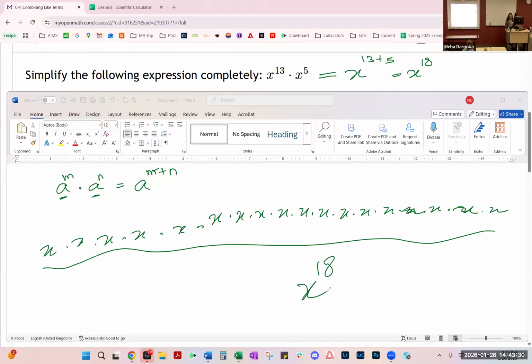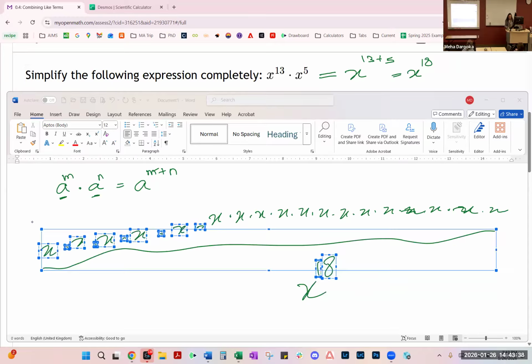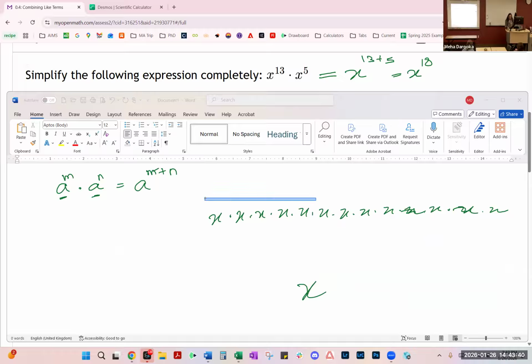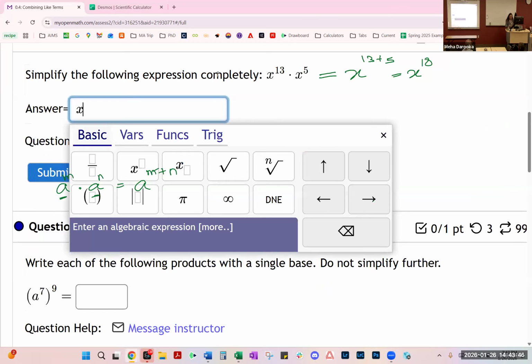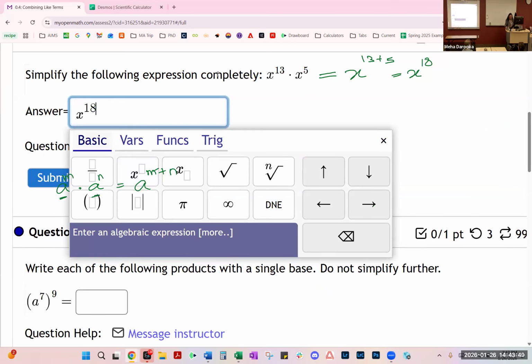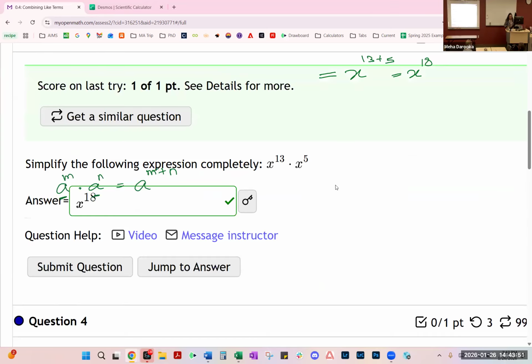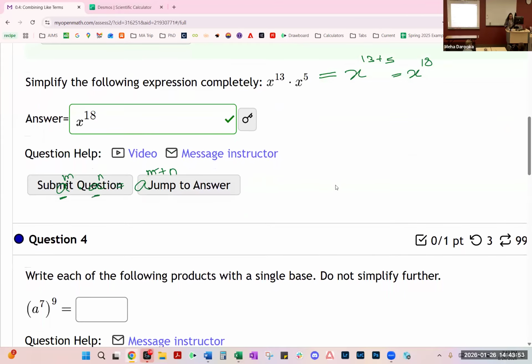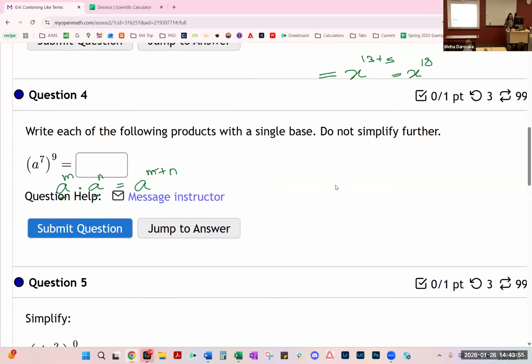So you get x to the 18. But obviously, instead of doing that whole mess, we can just add the exponents and we are good to go. So x to the 18th, and you are good to go. So this is based on the product rule.